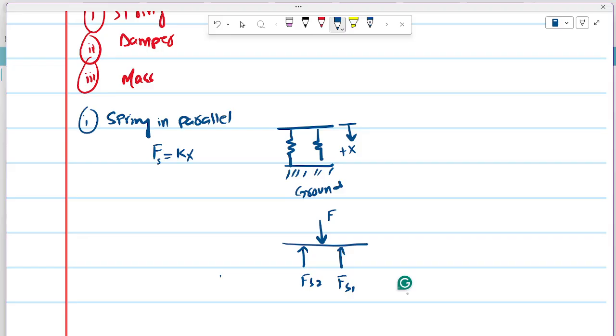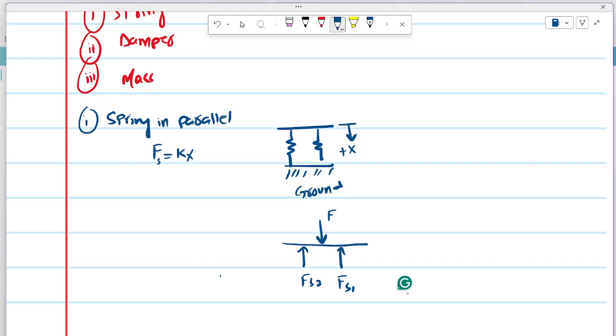Before solving any mechanical vibrating system, making any mathematical model, you must define the convention for yourself, which direction will be positive and which negative, and then stick to it throughout your calculation. Otherwise you will end up getting confused.